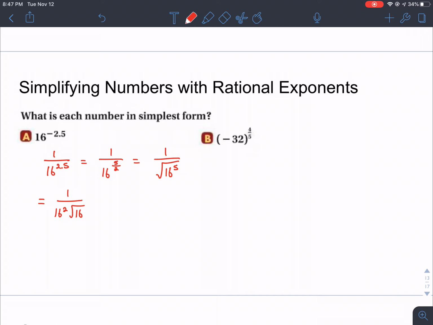Well, the good news is we know exactly what the square root of 16 is. This is actually 1 over 4 times 16 squared. And 4 times 16 squared is 1024. All right, let's look at B.